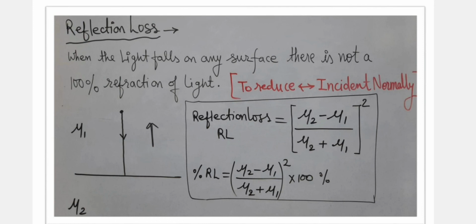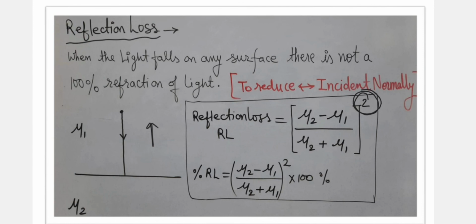For example, light is traveling from mu1, and the medium at the interface has refractive index mu2. In that case, the reflection loss is equal to (mu2 minus mu1) upon (mu2 plus mu1), whole square.